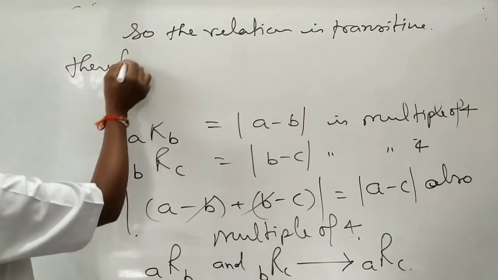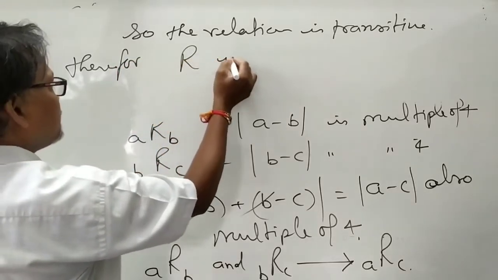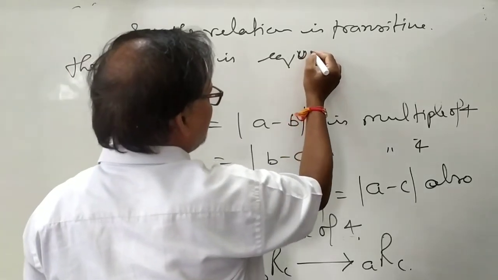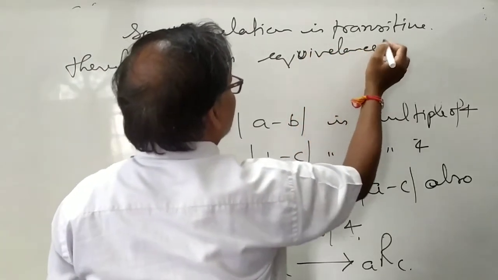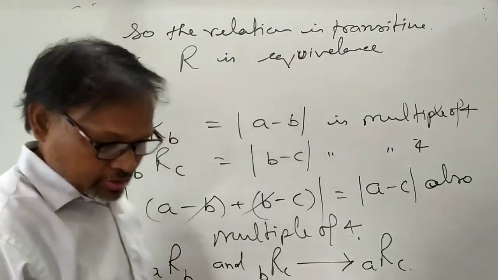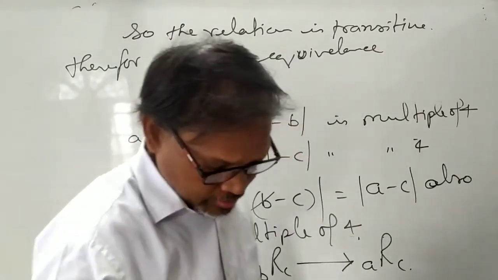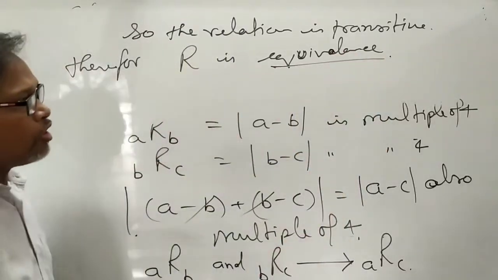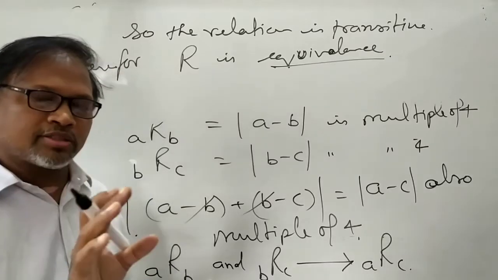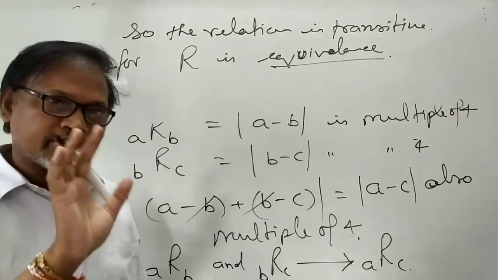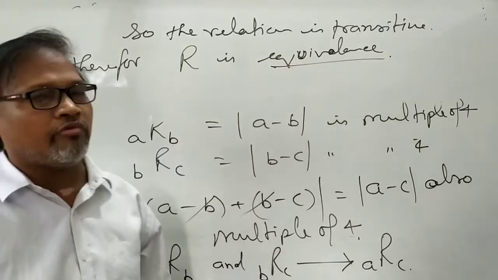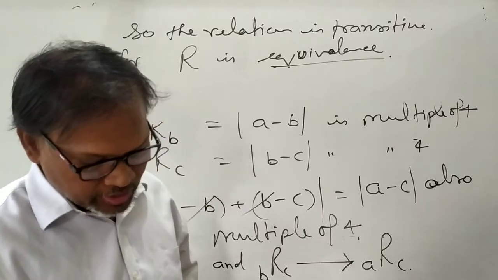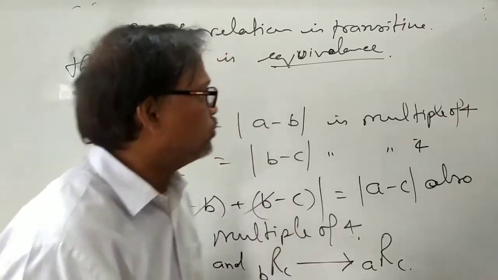Therefore, at last, R is an equivalence relation, because this one satisfies all the three relations, meaning reflexive, transitive and symmetric. तीनों रिलेशन satisfy कर रहे हैं, इसलिए ये equivalence relation है. It is proved. Now you have to find the set of all elements related to 2.